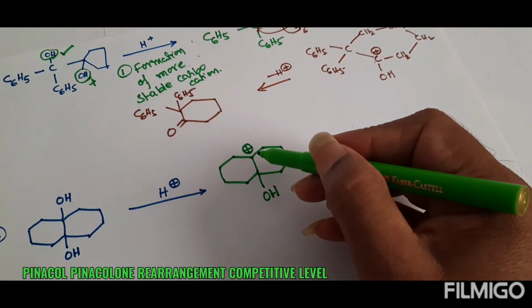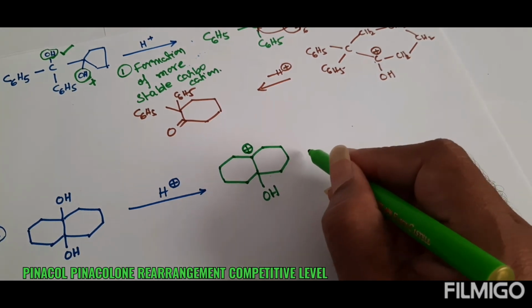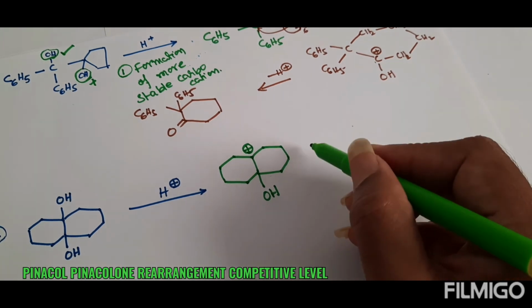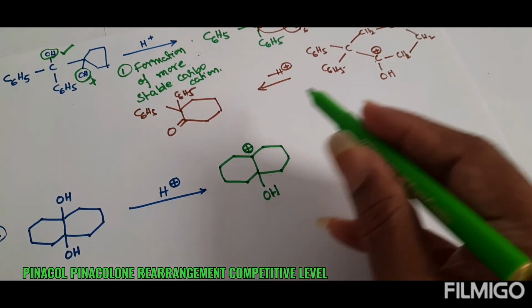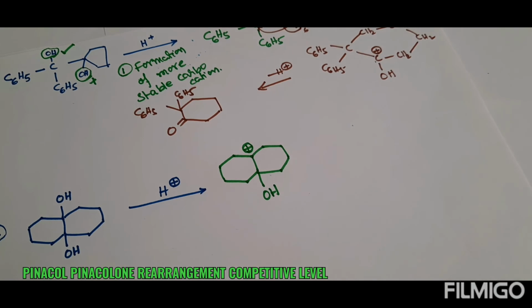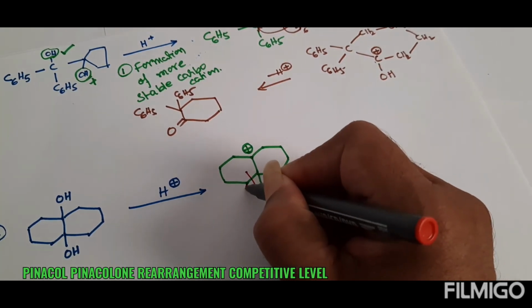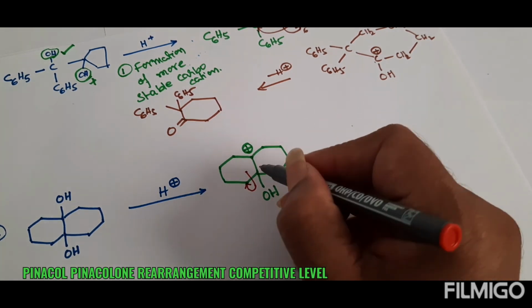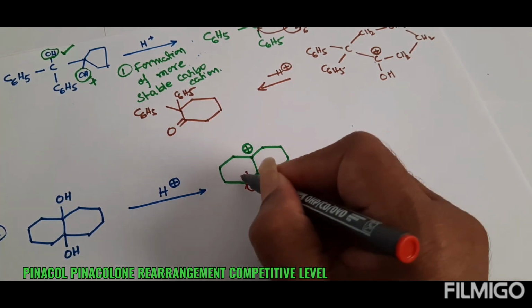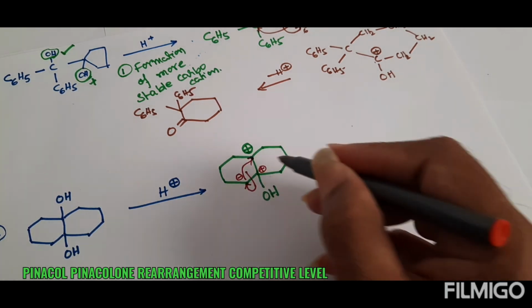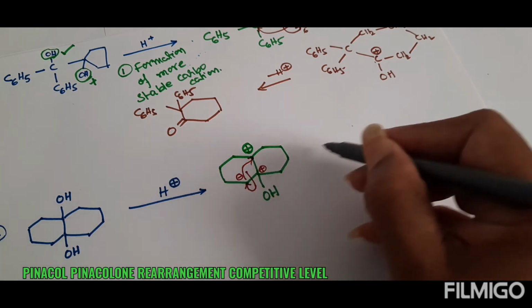This carbocation undergoes rearrangement by ring contraction. How is it possible? Let's see. Here bond cleavage will take place. As a result, this carbon gets the negative charge and this gets the positive charge. This negatively charged carbon will attack this carbon. As a result, a 6-membered ring and a 5-membered ring will form.